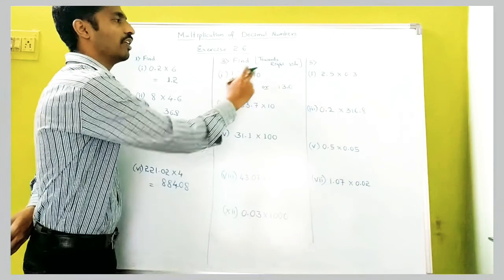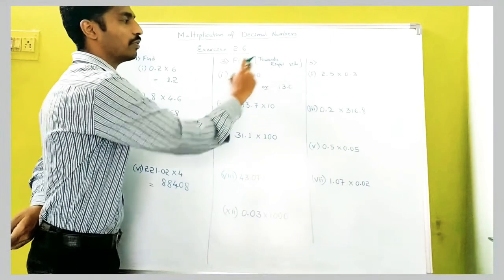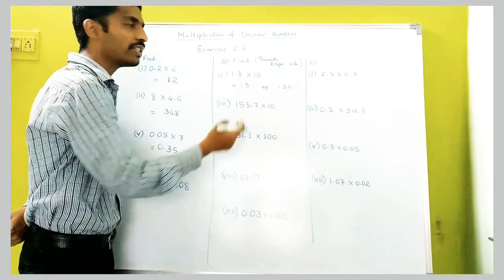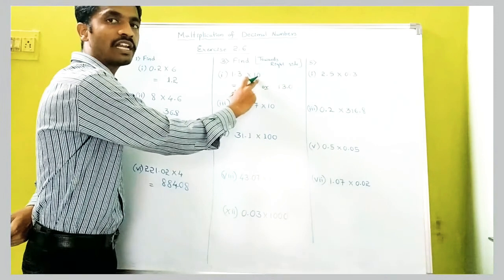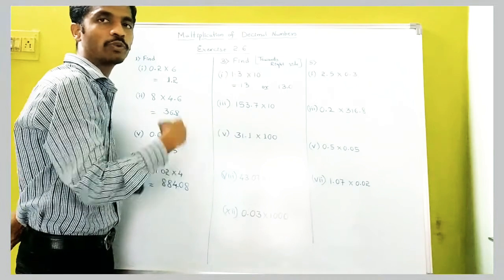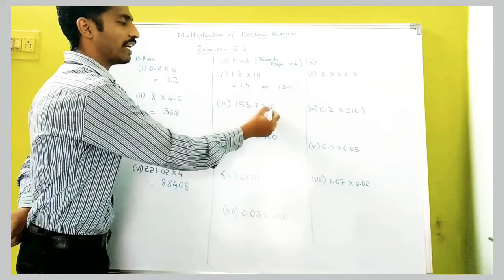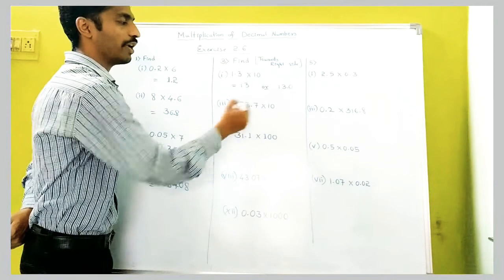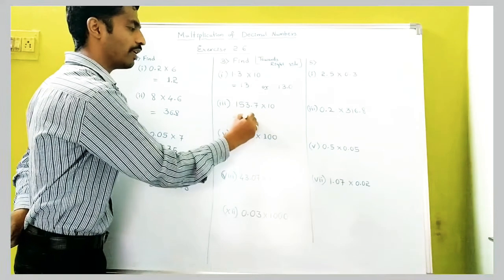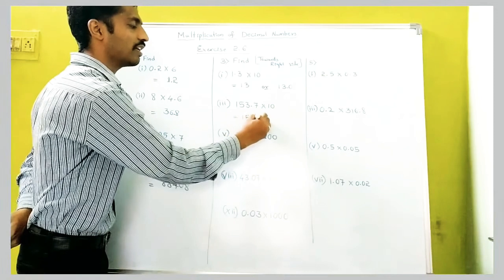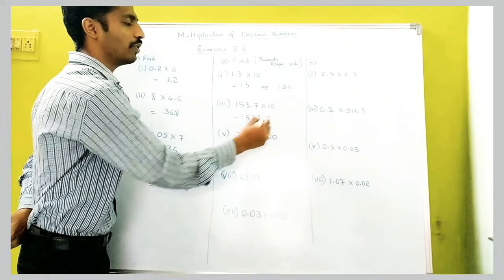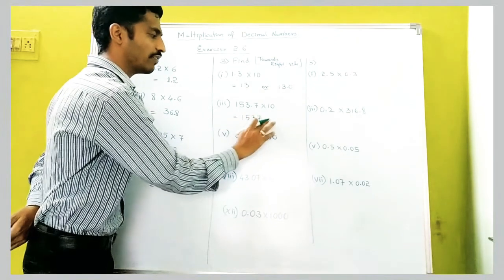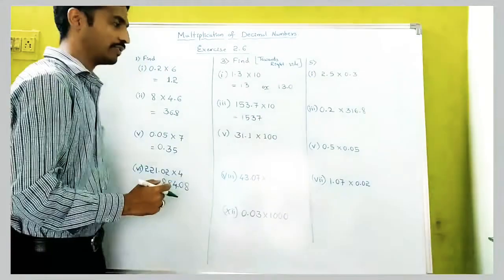So better way, use this logic: moving the point towards the right side, as many places as there are zeros. Now again here also, how many zeros? 1 zero is there, means one place we have to move. So our answer will be 1337.0. If you write the 0.0 or else leave it, there is no difference between the number's values.